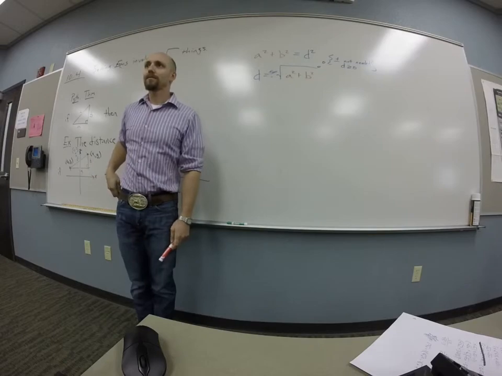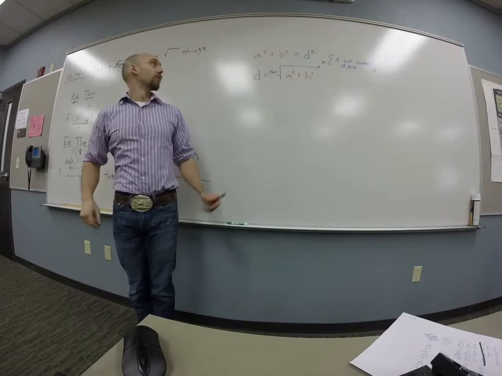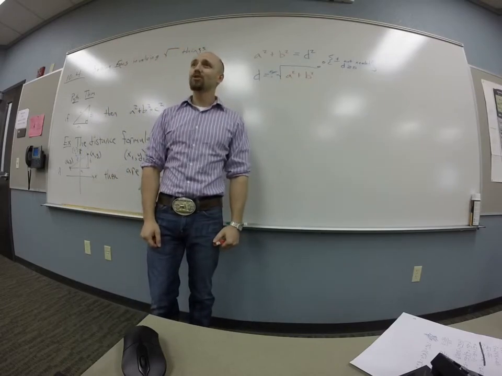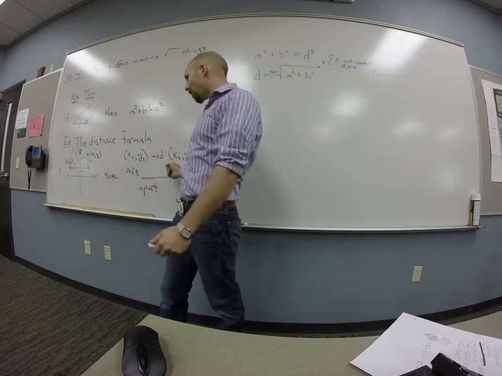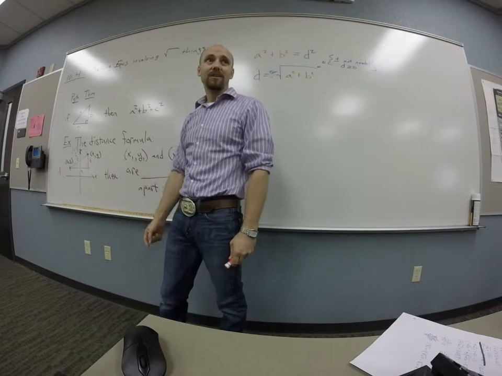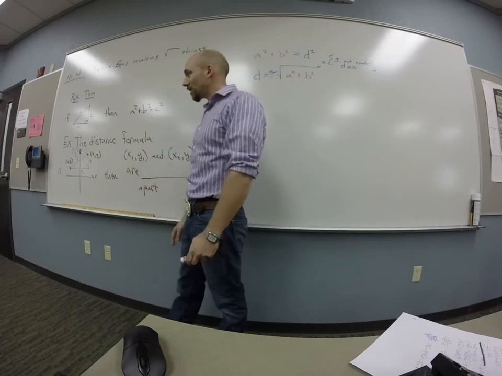Is it always the distance formula? Yeah, this is always the distance formula. So I need to figure out what A and B mean, though. Because right now, if somebody gave me a pair of points, I don't know how I would figure out how long A and B are. You guys see that? So let me think.